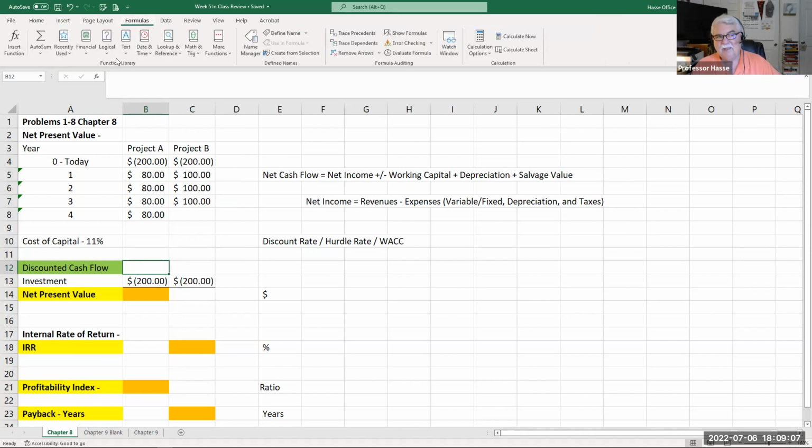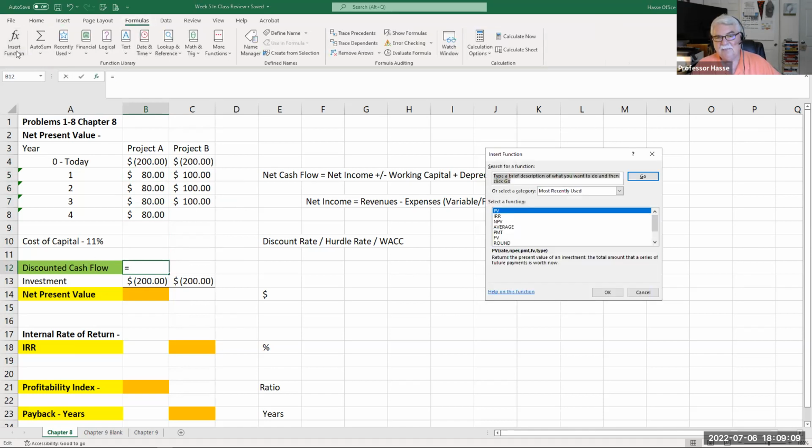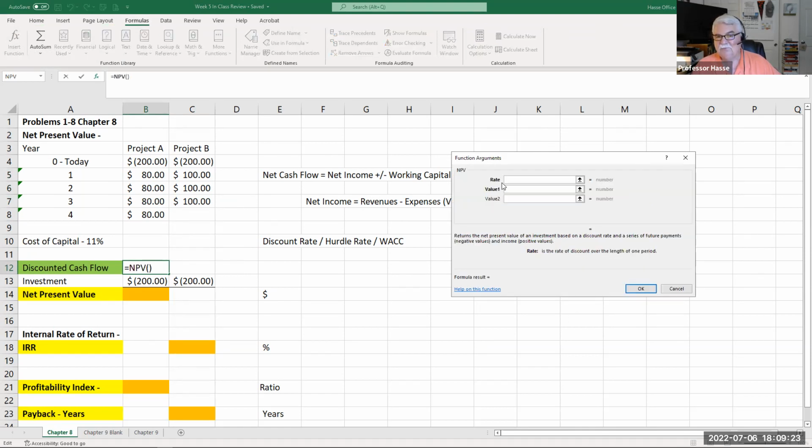Formula, function, financial, net present value, NPV. That's your function argument. Bring that up. What's the interest rate? It's our cost of capital. In this problem, the cost of capital is 11%.